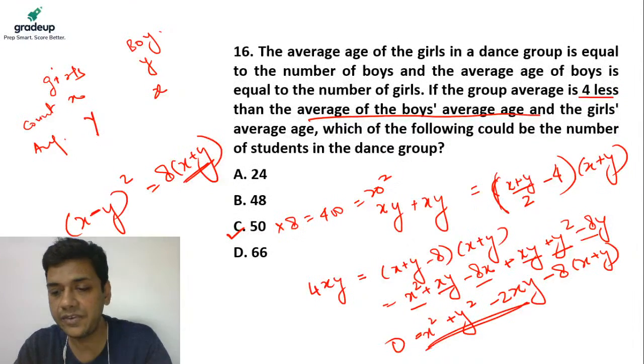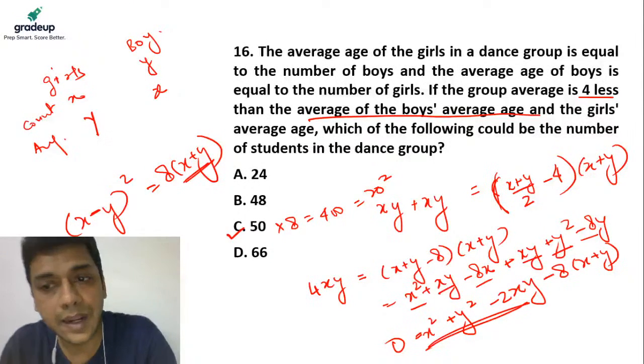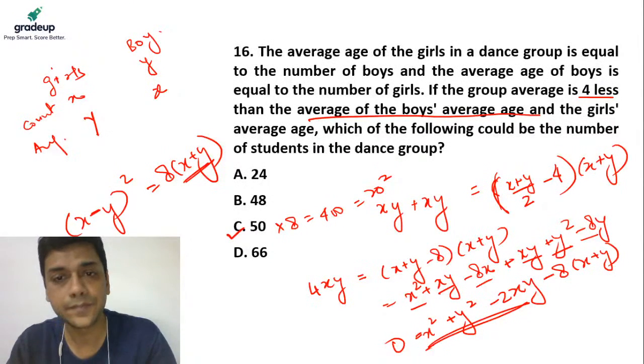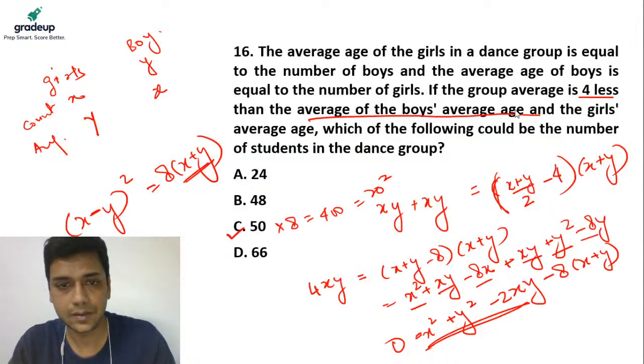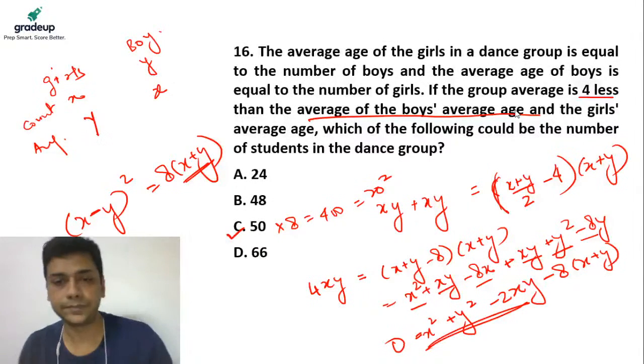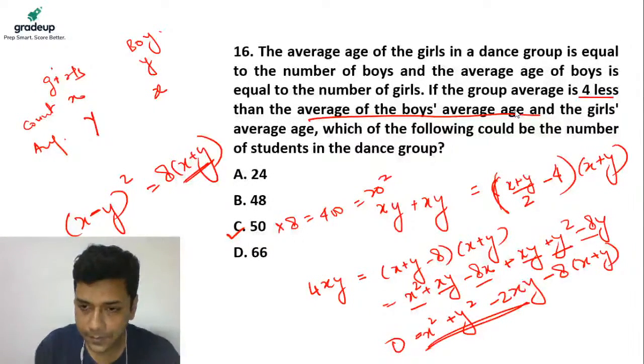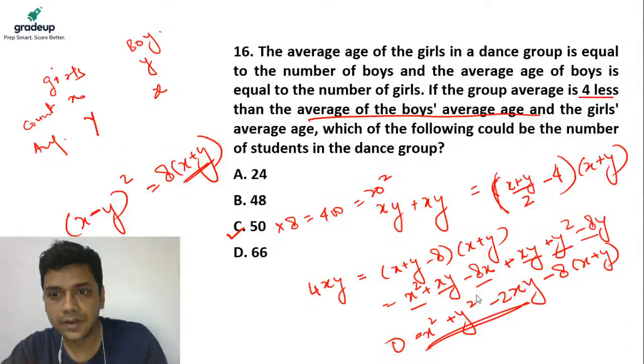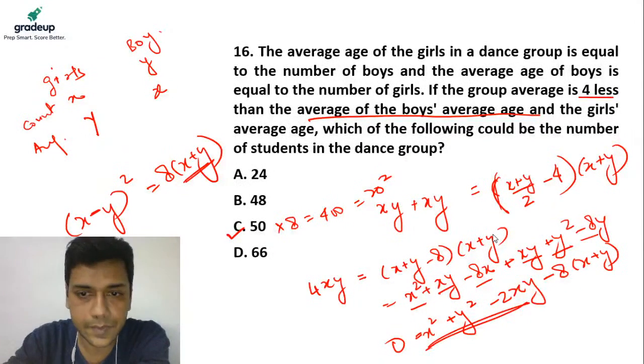The average of the boys' and girls' averages would be x plus y upon 2, isn't it? Okay, so that's how to do it.